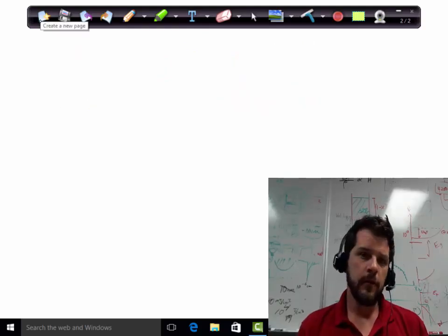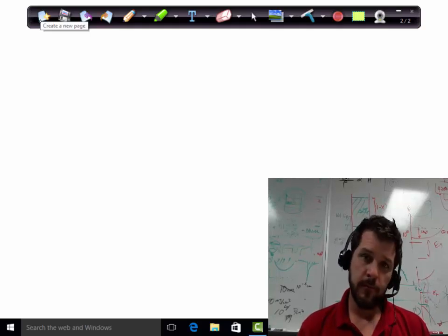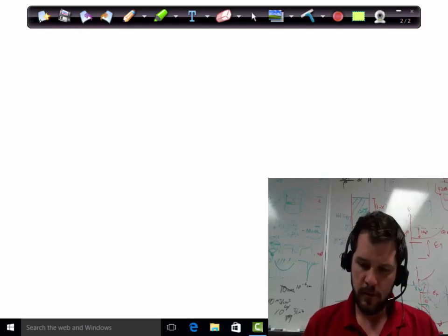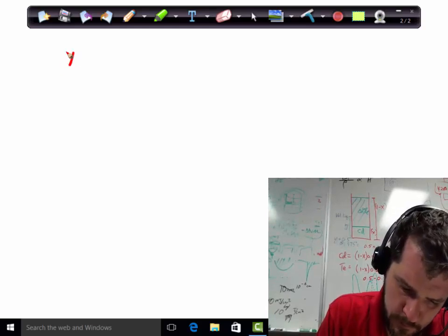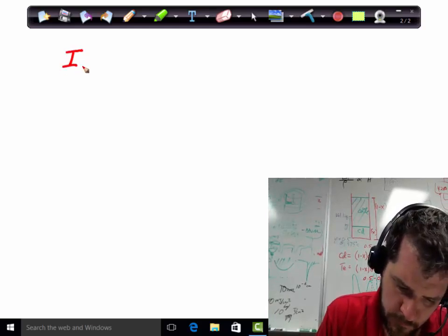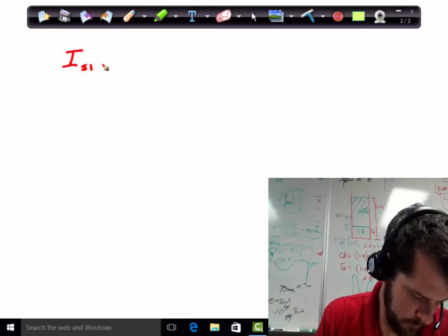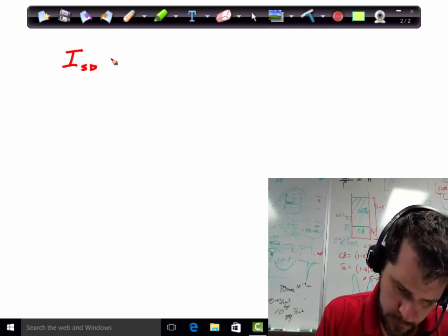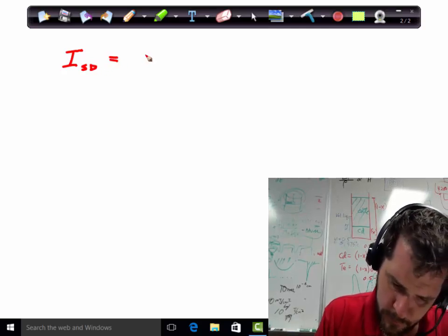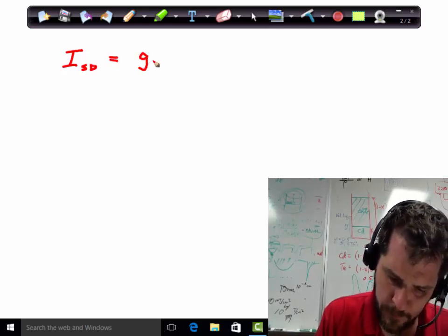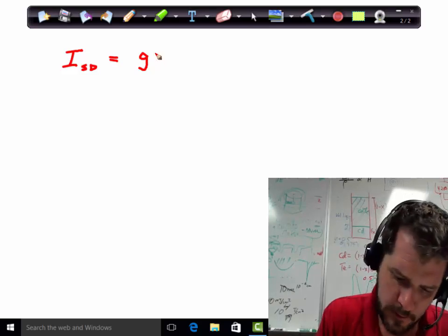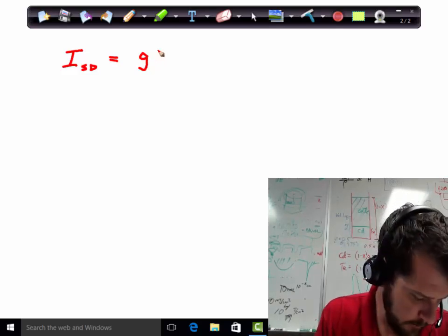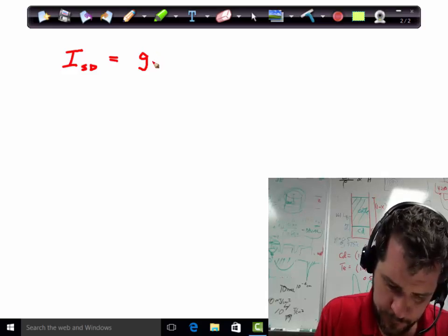The basic idea that we use to analyze the MOSFET is that the current between the source and the drain is given by a quantity which we'll find out a little more about, called the transconductance.